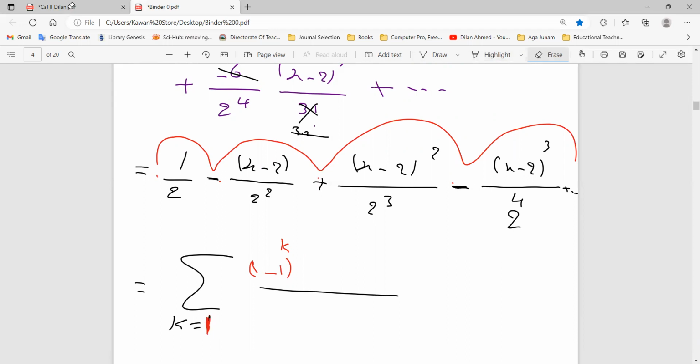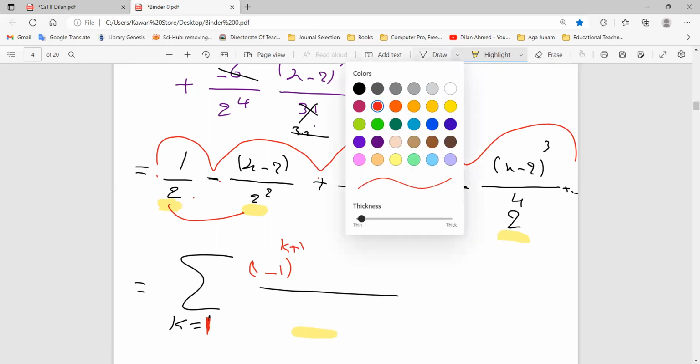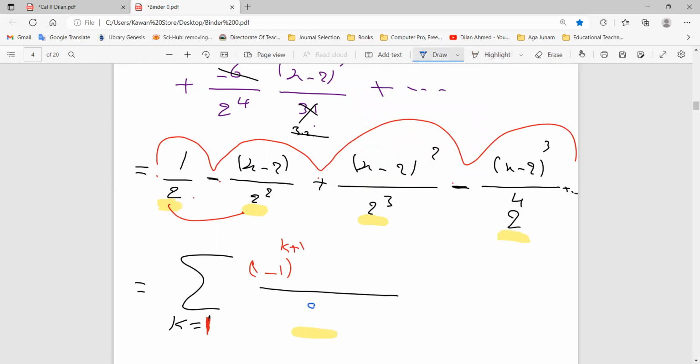Now let k be 1, and that one be k plus 1. In the denominator, I have 2. First is 2 to power 1, 2 to power 2, 2 to power 3, 4, right?